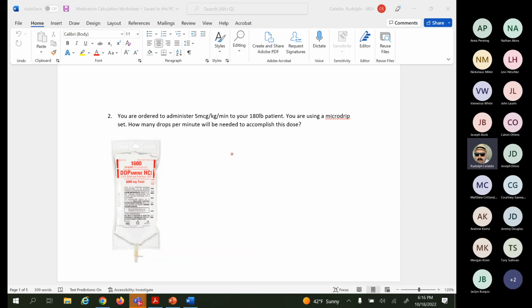Looking at that bag, what is my concentration? That's 1,600. So 5 times 82 times 60 equals 24,600, divided by 1,600 equals 15.3 drops a minute.